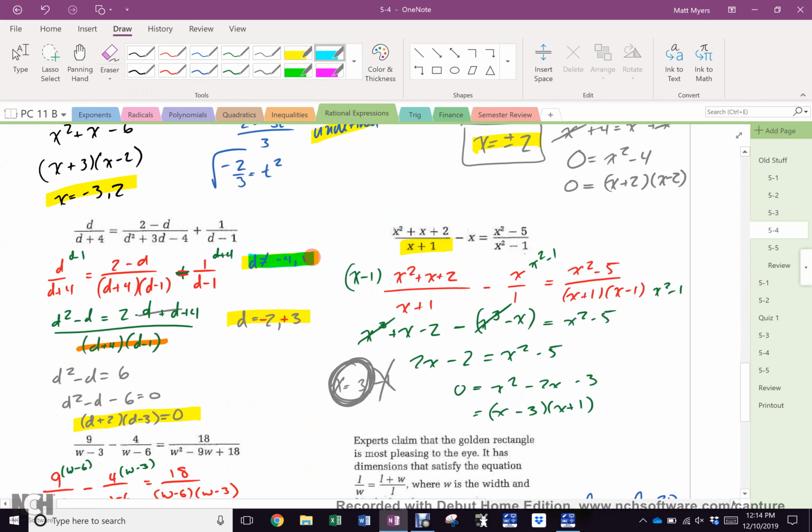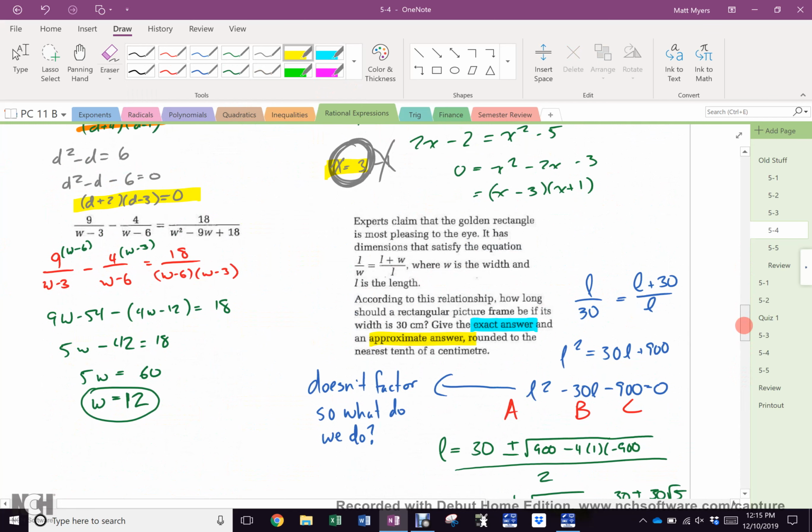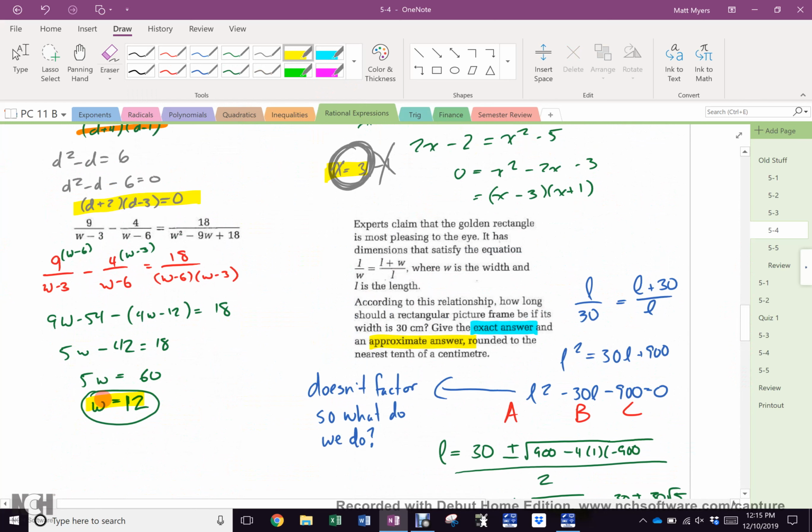I guess I didn't do non-permissible values in the second one, but there's the answer. Yeah? No questions? There's the third one.